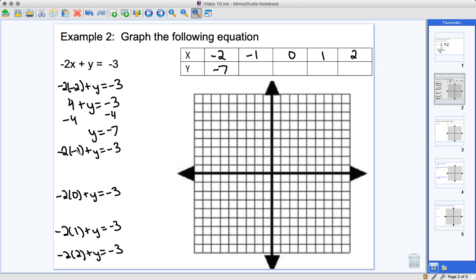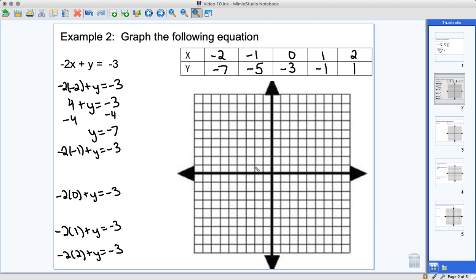Okay, so -2 times -1 is 2. If you're going to subtract that over, you get -5. 0, you get -3. Now, some of you might notice the pattern already. So then this will give you -1, and this will give you 1.